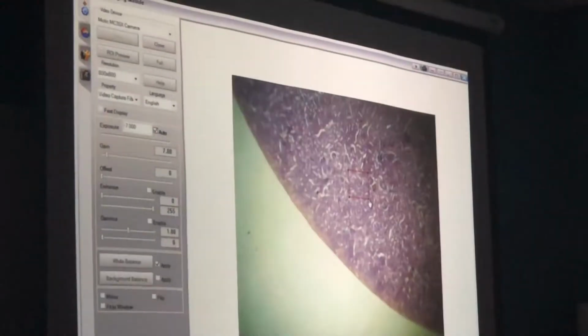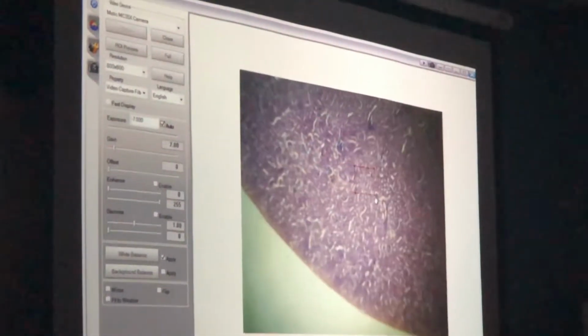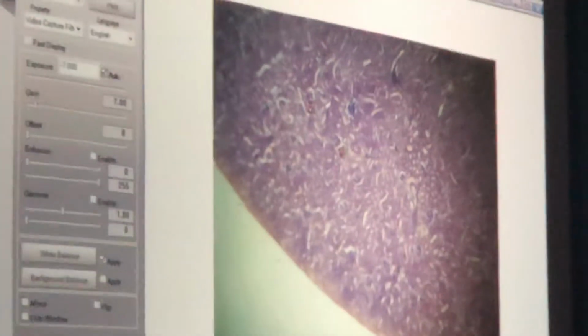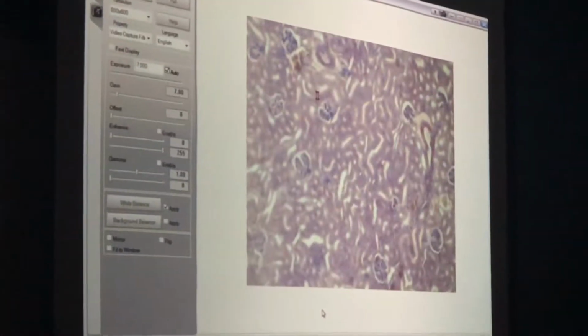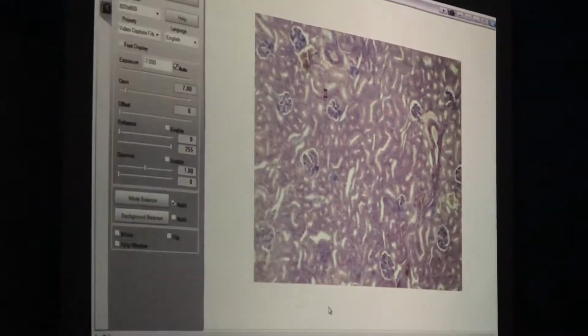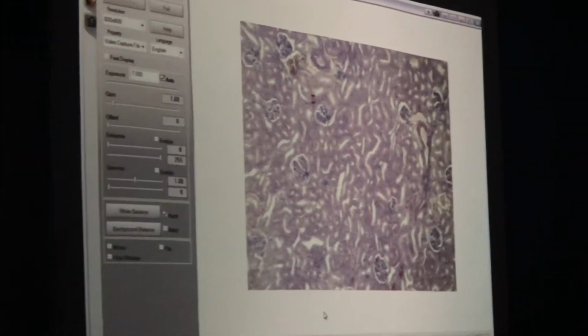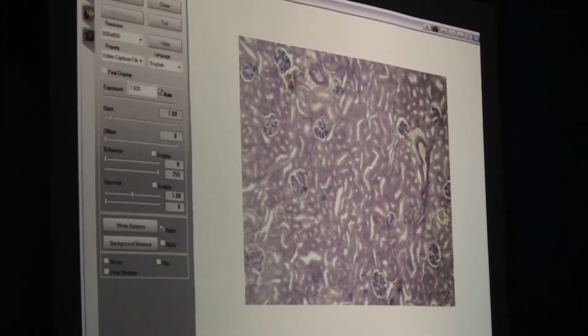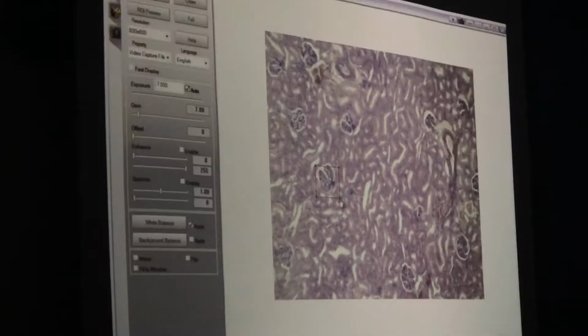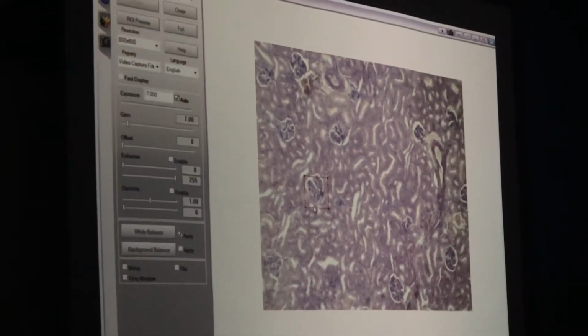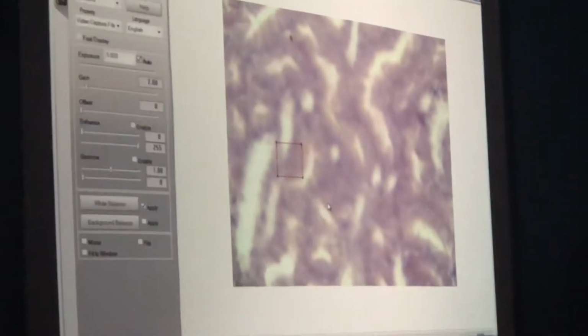So let's go back to an area of the cortex where we can see interesting stuff. And so I'm going to go up to at least low power, and then I'll probably go up to high power as well. So can you see that all right? All right, so again, these were the renal corpuscles, and you told me they were made up of a glomerulus and a Bowman's capsule. So I'm going to actually go up to high power. Let's look at this a little more closely.